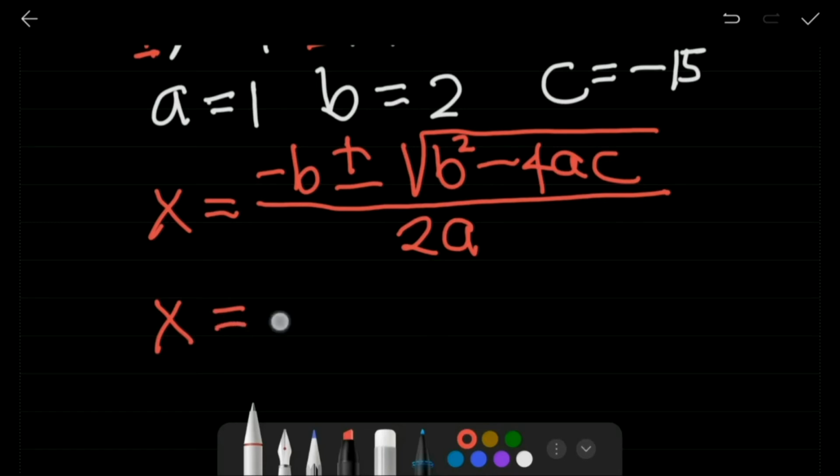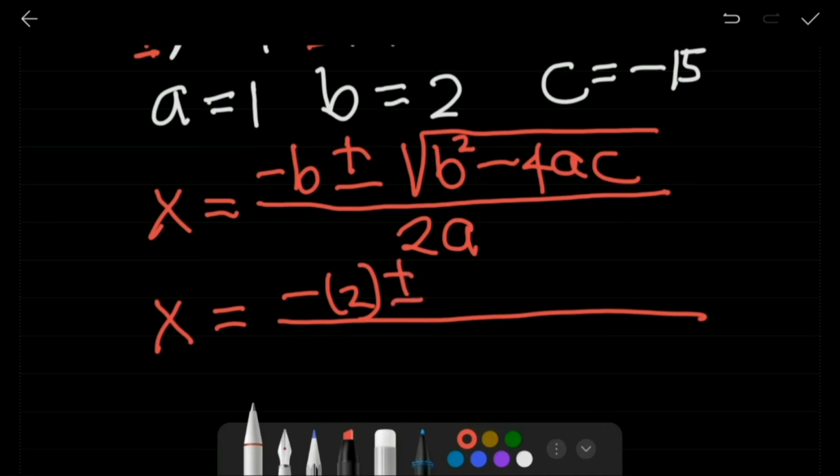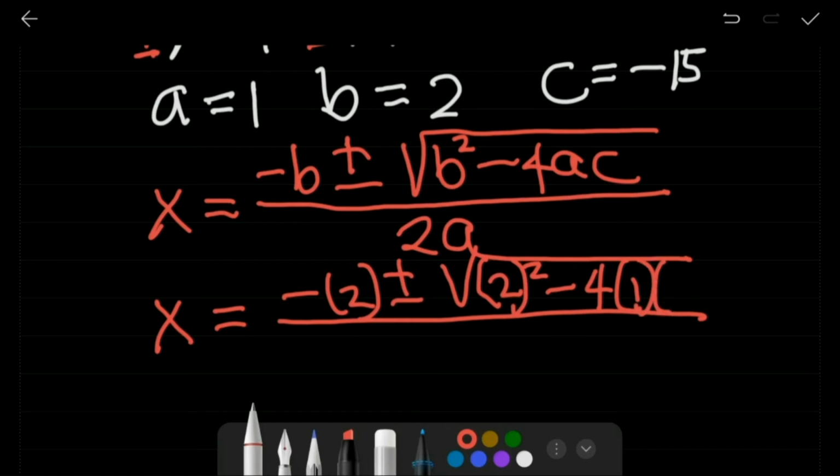x is equal to negative b, b is 2, plus or minus, then b again is positive 2, squared minus 4 times a is 1 and c is negative 15, all over 2 times a is 1.